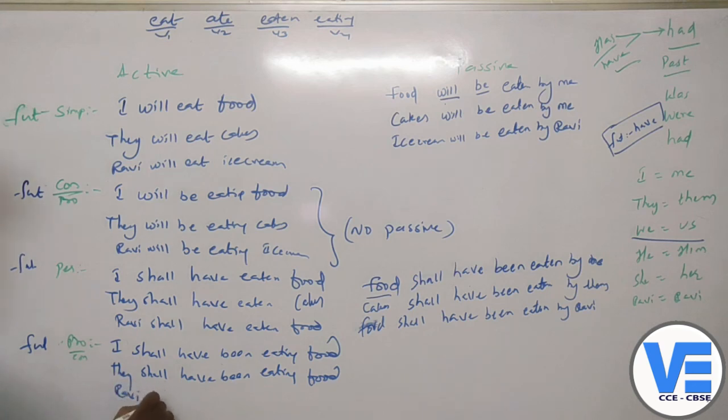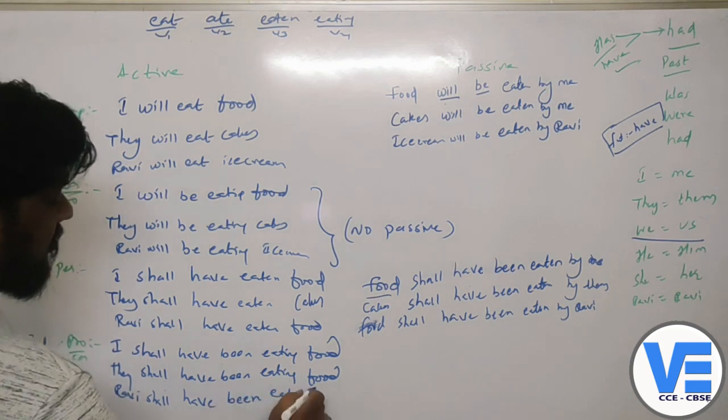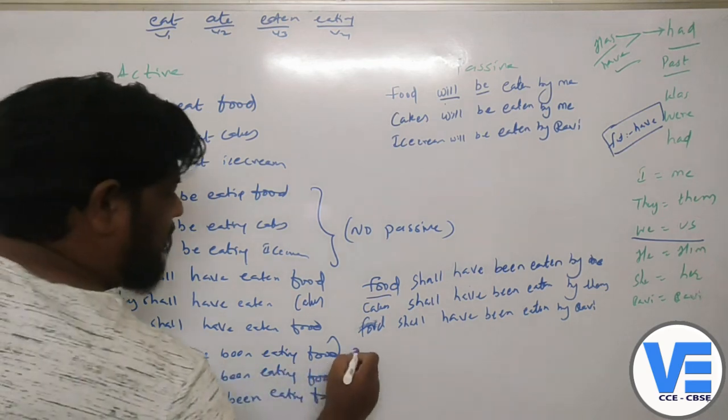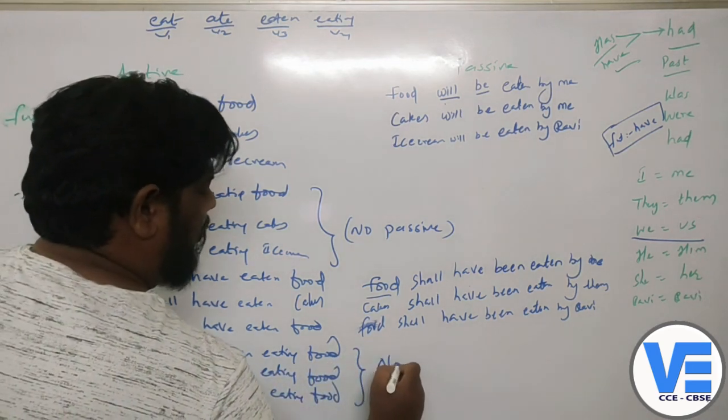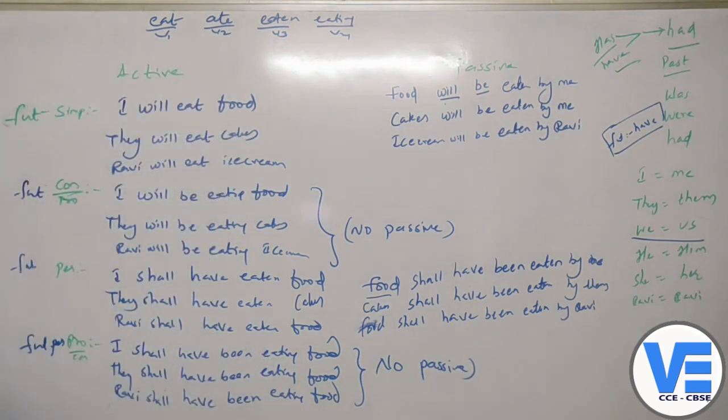Ravi shall have been eating food. So here future perfect progressive also doesn't have any passive voice, so basically I will write here no passive. Like this, four tenses will not have the passive voices.